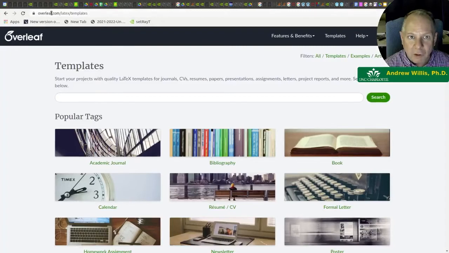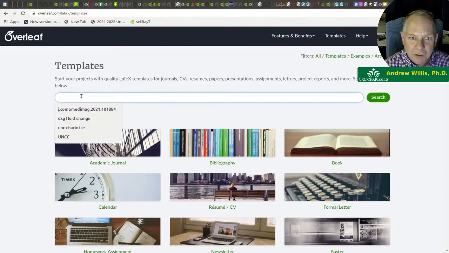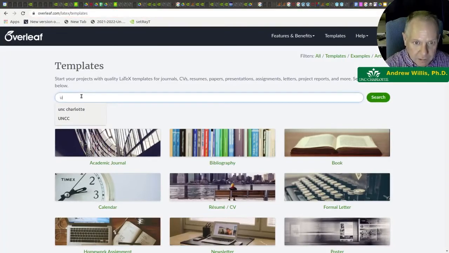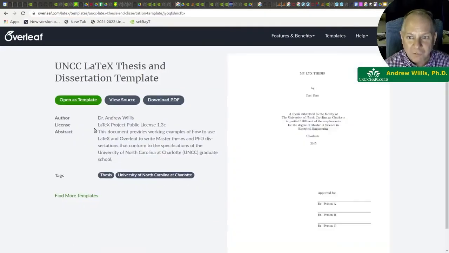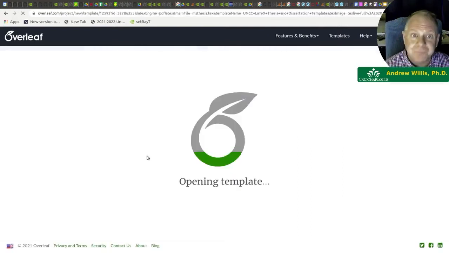This is overleaf.com. This is a list of their templates. I go to the templates. I type in UNCC. Then I get the first link there. This is the template for thesis documents provided to Overleaf that they then provide to all of the students. And you click open as template.